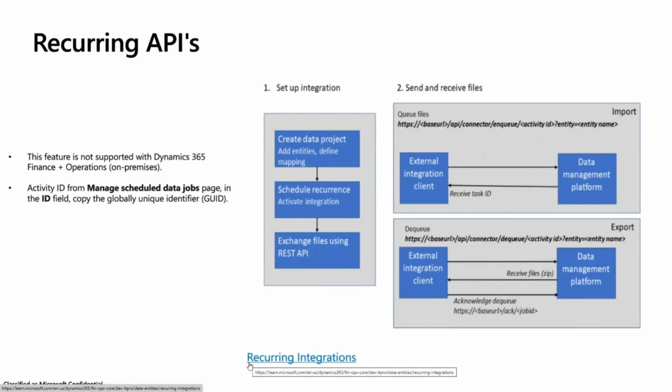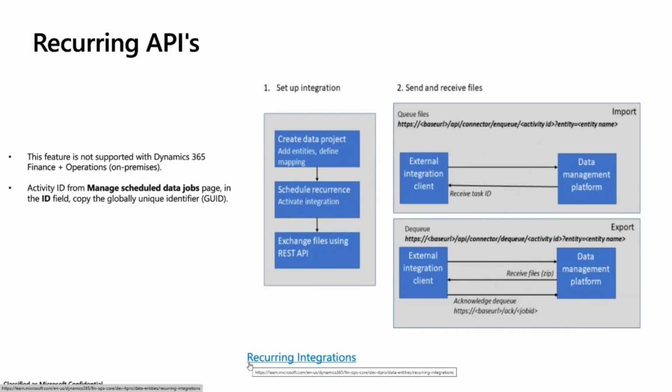With the data management package API, you need to schedule this outside of finance and operations, which means either in your middleware or your client application. Whenever you call the import or export to package API, that's when these APIs get called. Second is format. With recurring integration, you can use both files and data packages. With the data management package API, only data packages can be used.